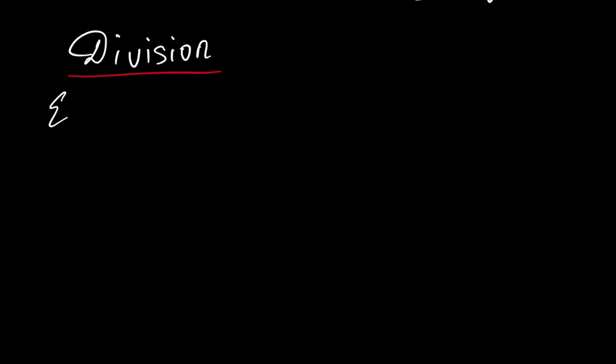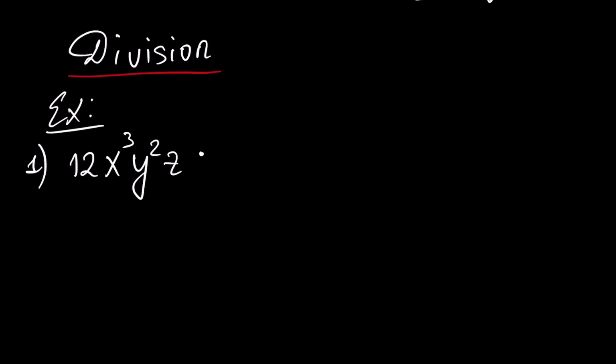Let's give examples. First example, assume we divide 12x cubed times y squared times z, and this is divided by 3x squared, y, and z. And this division can be represented as a fraction.